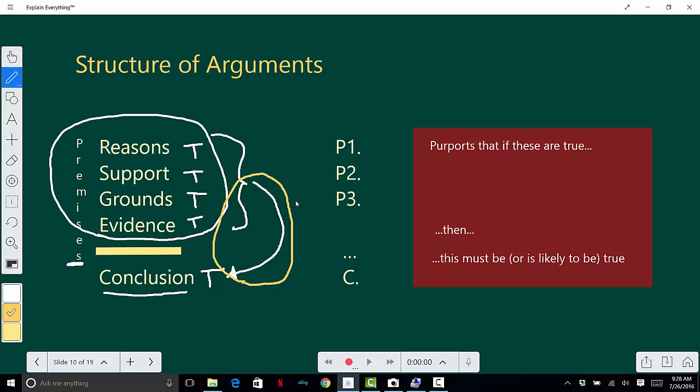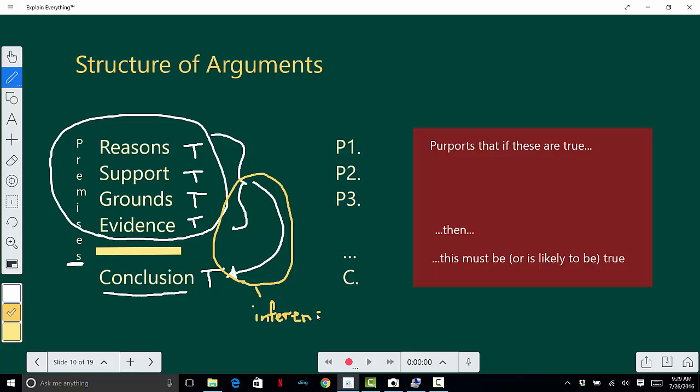And this is what we're actually going to be focused on, because this is the inference in that second sense of the word inference. This is our act of inferring. This represents our reasoning process.